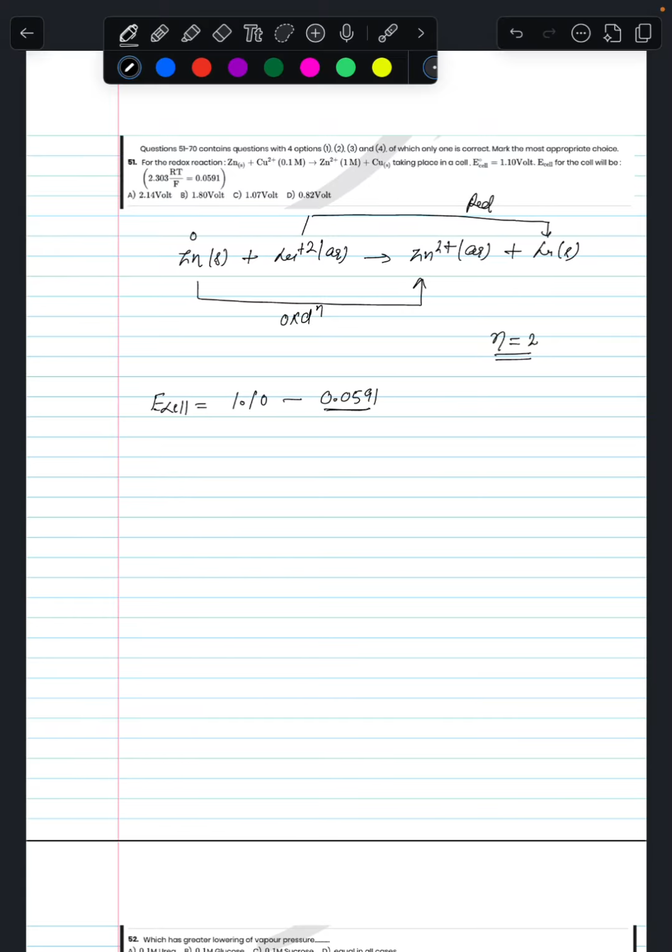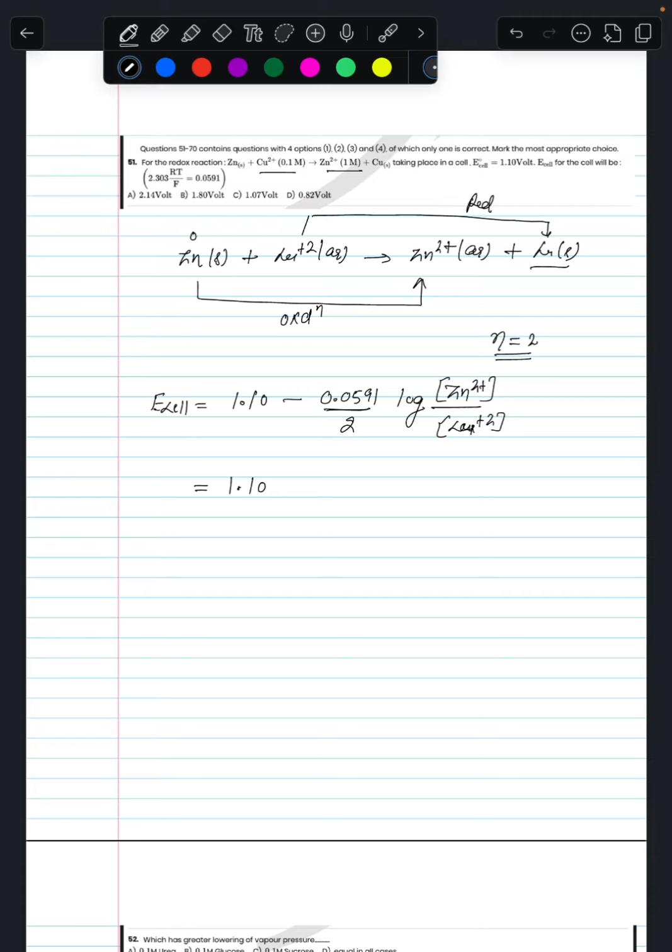How many electrons exchange in the reaction? That is 2. Log concentration of product divided by concentration of reactant, and concentration of solid copper and zinc is taken as 1 because activity we are taking 1. Now concentration of Zn2 plus is 1 molar and copper 2 plus is 0.1 molar.